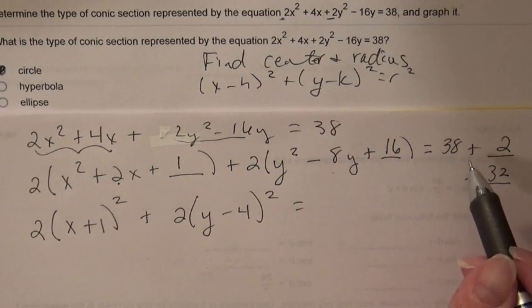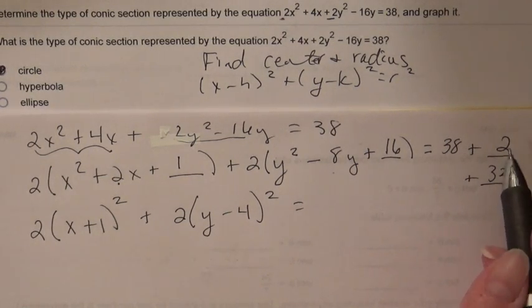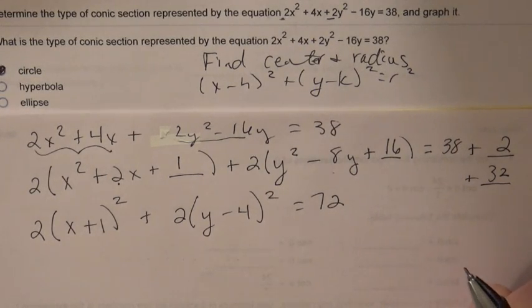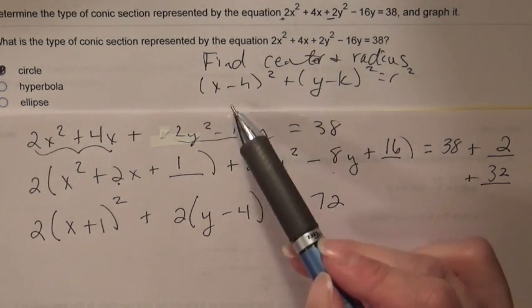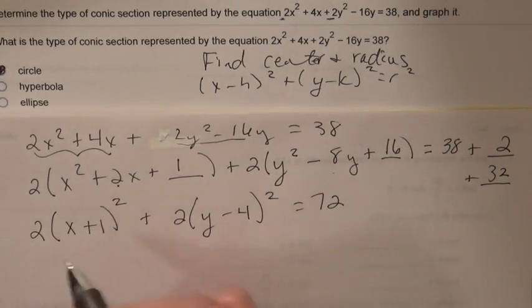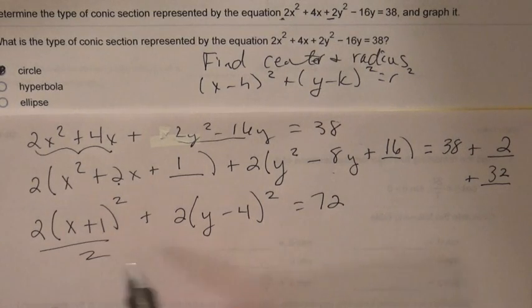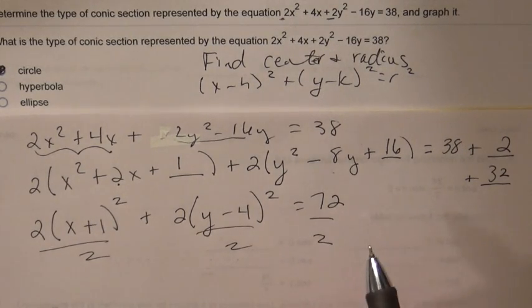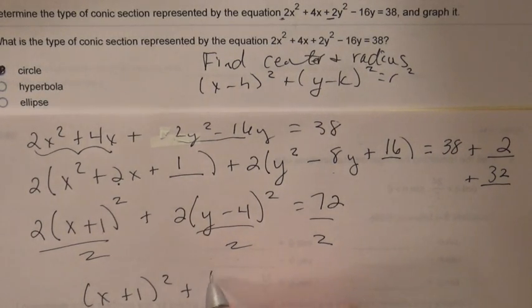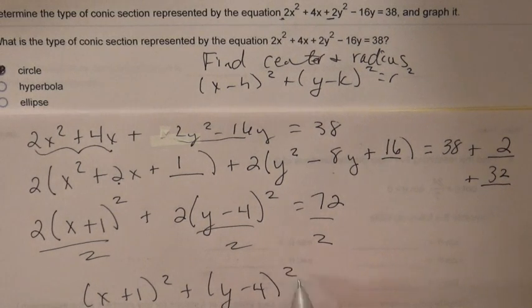On the other side, 38 plus 2 is 40. 40 plus 32 gives me 72. To get it into the form that I need up here, I'm going to divide both sides by 2. So dividing everything by 2 all the way across gives me x plus 1 quantity squared plus y minus 4 quantity squared equals 36.